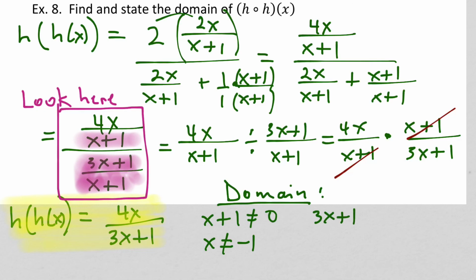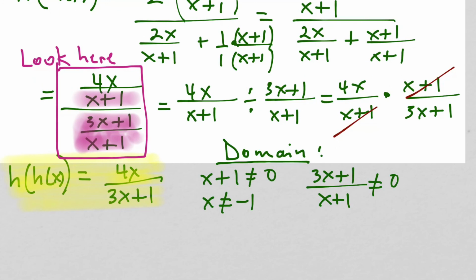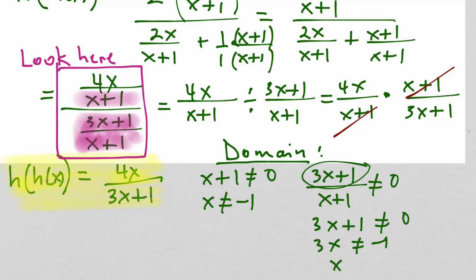That will equal 0 if the numerator is equal to 0. So we would say that 3x plus 1 cannot be 0, which means 3x cannot be negative 1, or x cannot be negative 1/3. So we've got two x values that are going to cause problems with zeros in the denominator.